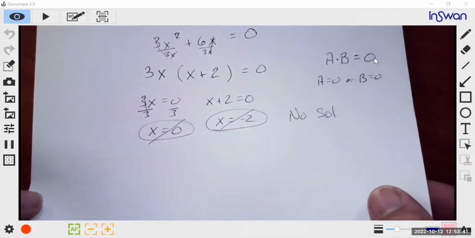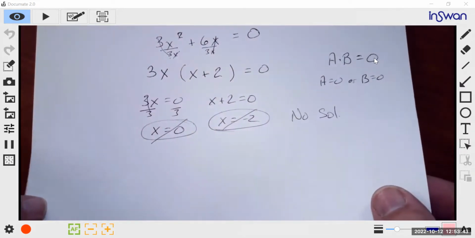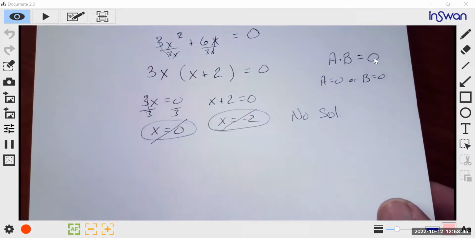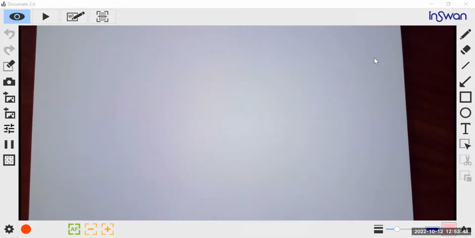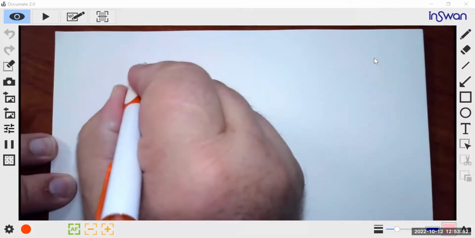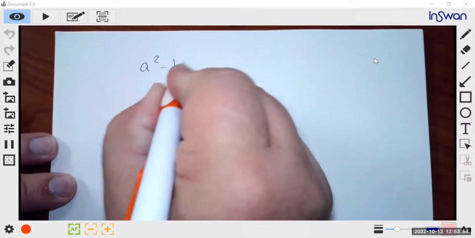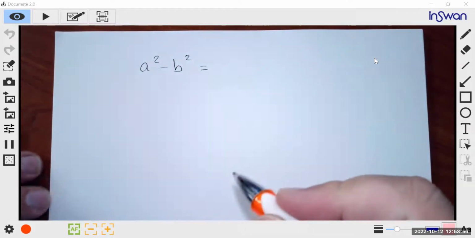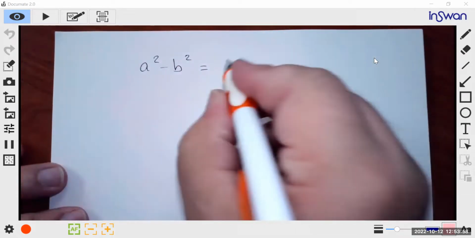There's another property when it comes to factoring. We know the difference of two squares now. If we have this difference of two squares, what does that factor out into?